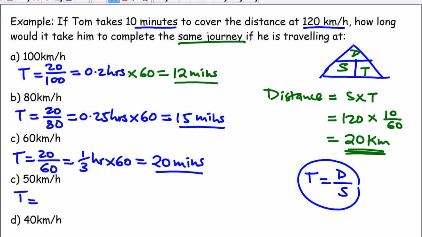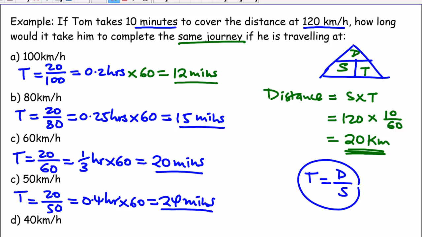Time again here will be 20 over 50, which is equal to 0.4 hours. Multiply by 60, that will be 24 minutes. And then the last one.